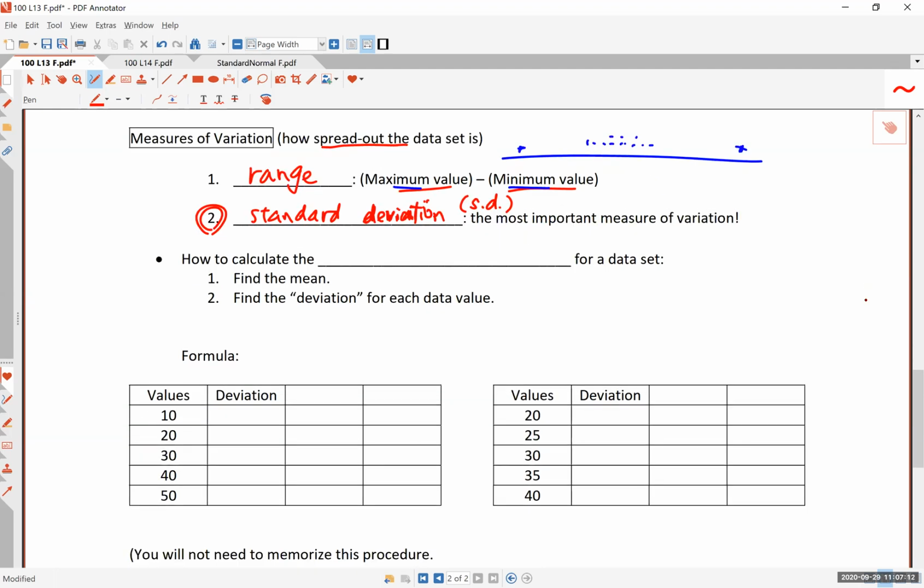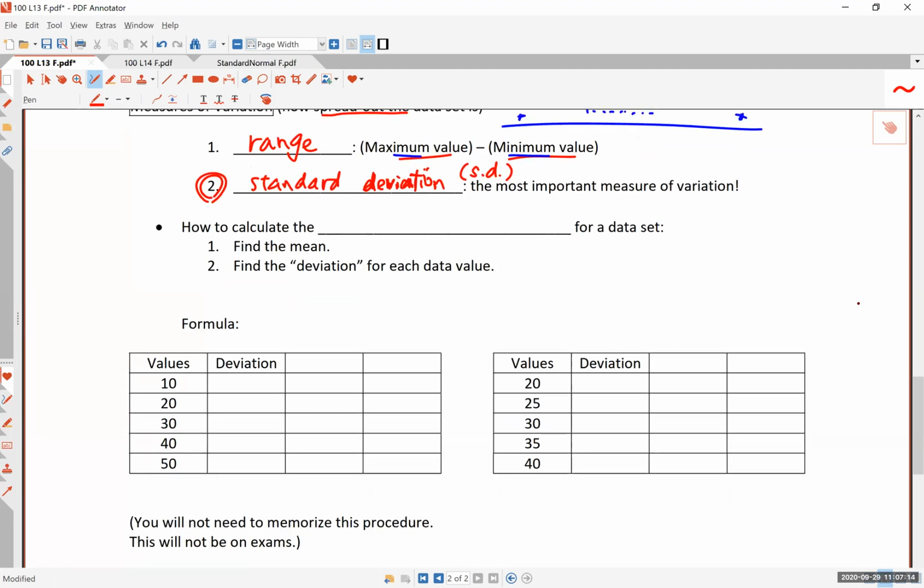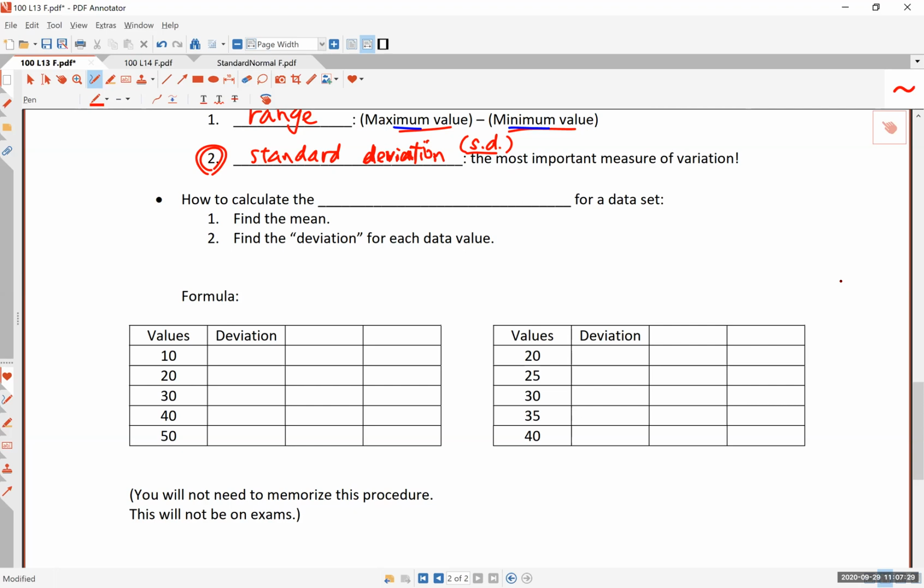Of course, many times in applications we have to deal with large data sets. This kind of calculation is done by a computer or a program. Excel has a very nice way of doing this. But at least once, you will have to calculate this by hand so you can feel what the standard deviation is measuring.